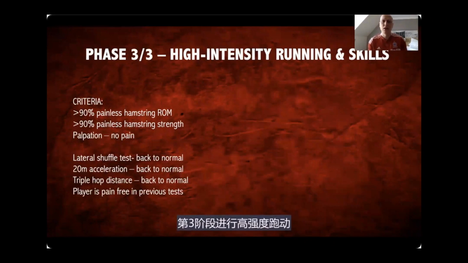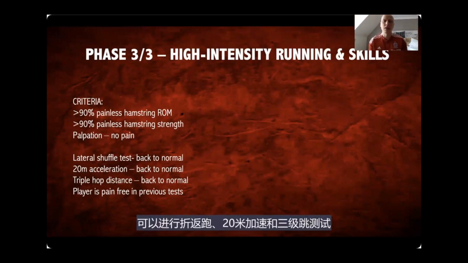And phase 3 out of 3, the last phase, is high intensity running. In that moment, we want to have more than 90% of initial range of motion and isometric hamstring strength. We definitely don't want any pain on palpation.